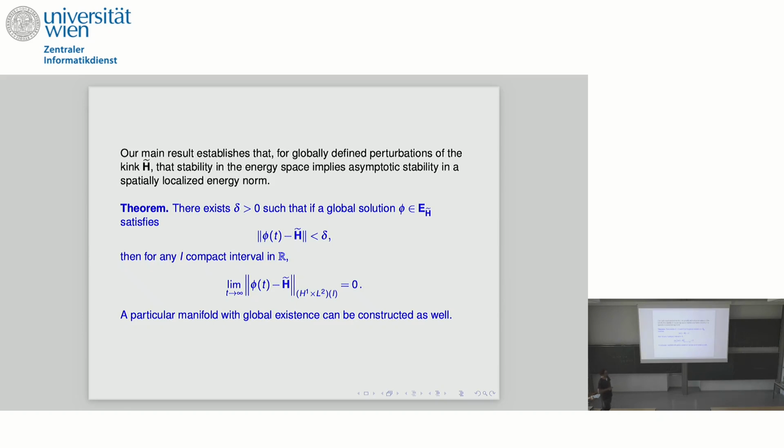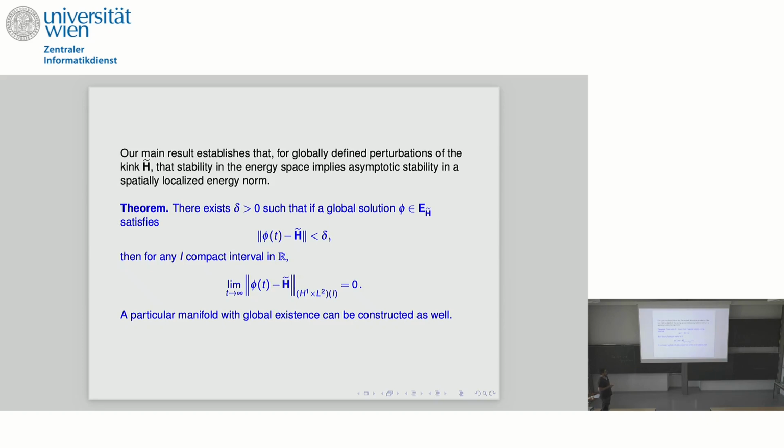So that's our main result, which means that essentially if you have a globally defined solution with this particular control, let's say an orbital stability control, then you have local asymptotic stability.